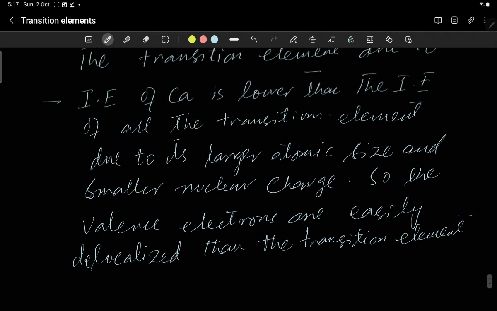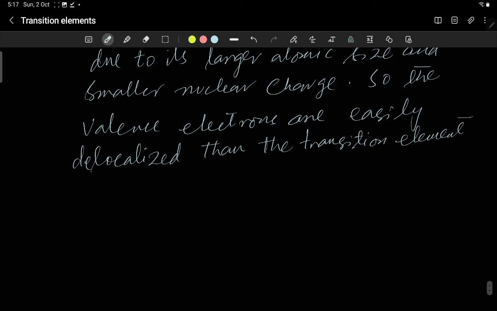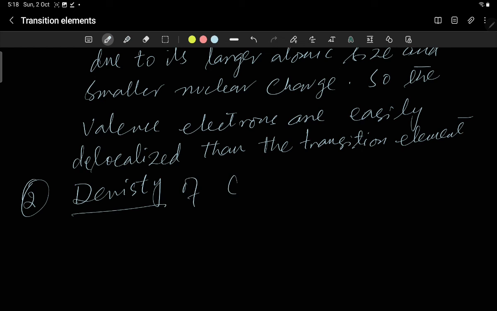This is the first reason, and the second reason is density. Density of calcium is also lower than transition elements.